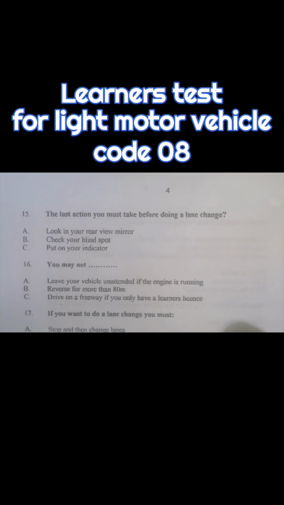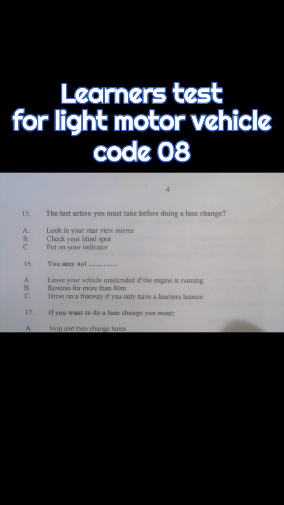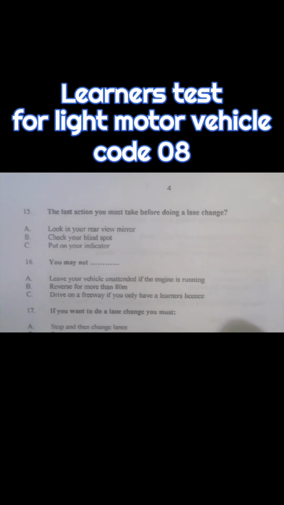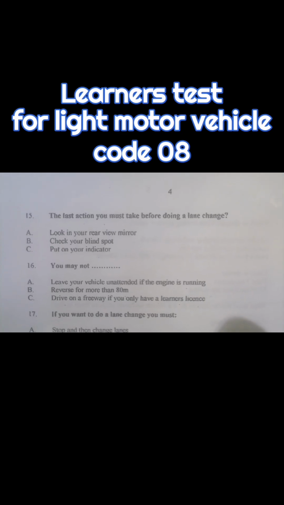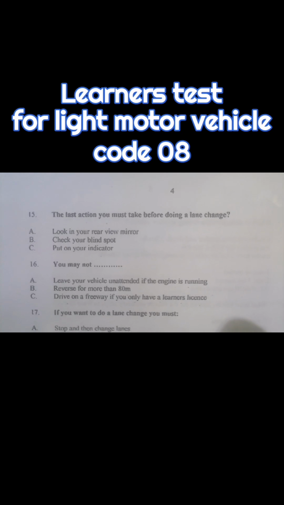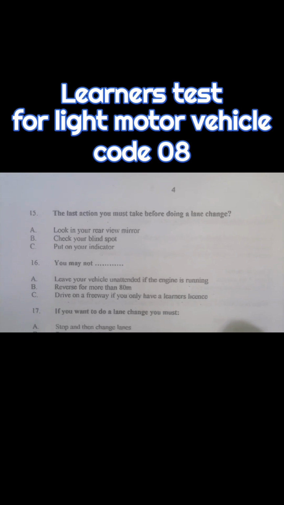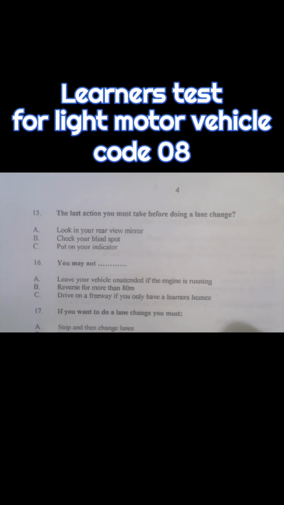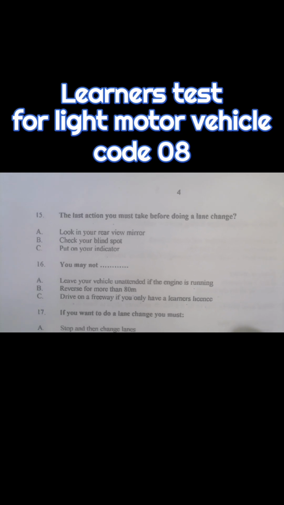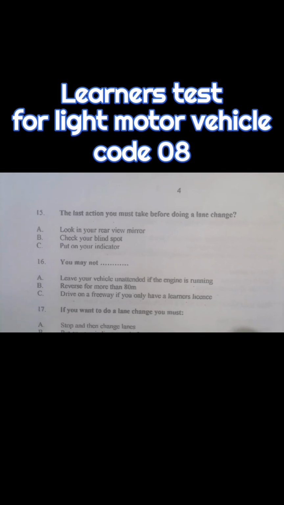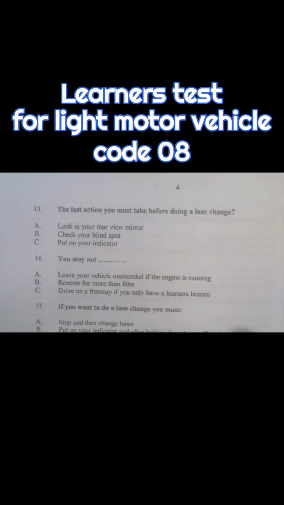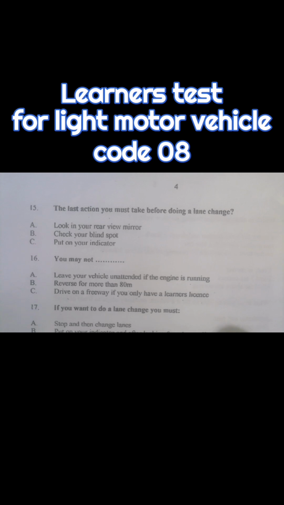Alright, question 15 says the last action you must take before doing a lane change. A is look in your rearview mirror, B is check your blind spot, or C, put on your indicator. Alright, so firstly, what would be the first thing that you're going to do in order to get to the last thing that you would do?